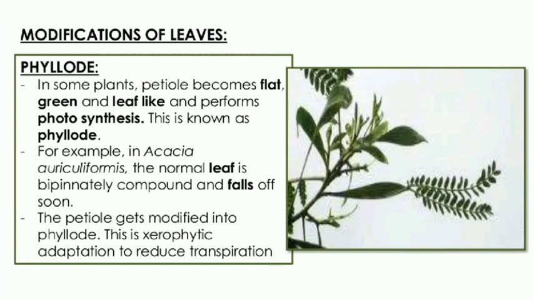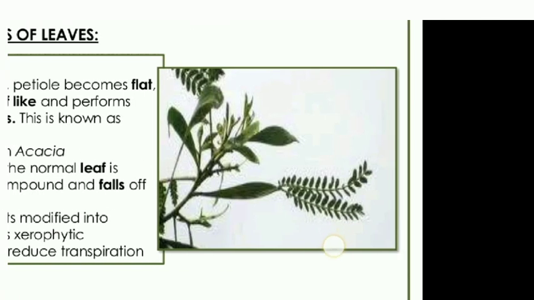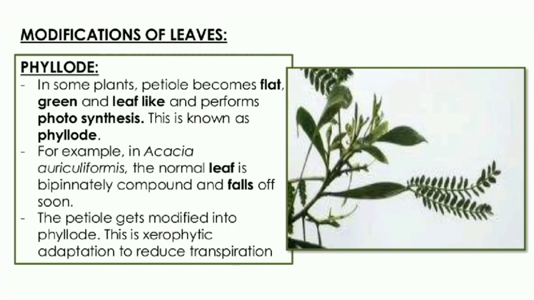When stomata are present, water will be lost through transpiration. When the petiole performs photosynthesis, the leaf has no function. So, here the petiole is flattened, green, chlorophyllous, photosynthetic, and performs the function of the leaf. These are some basic modifications of the leaves.